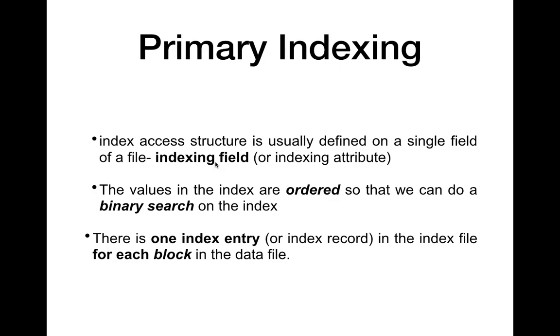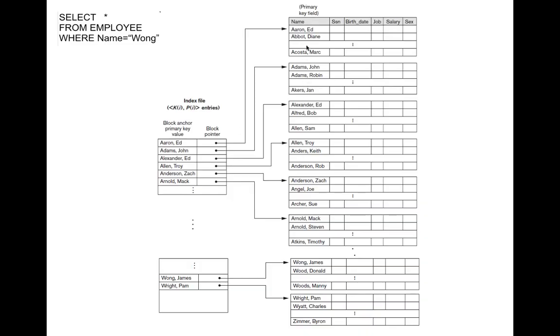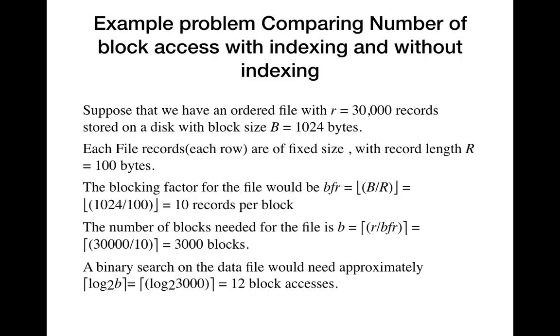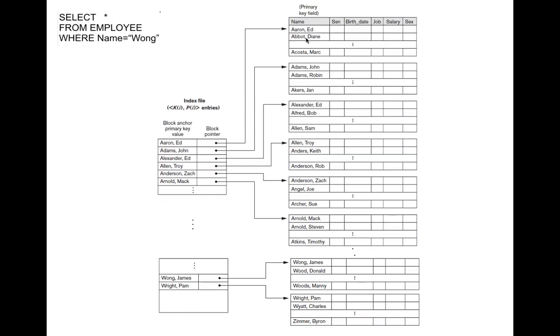The indexing field is this particular field on which the index is built, or the block anchor is included. Now, instead of performing a binary search over all the records, we need to perform a binary search on the index field. And you need to also keep in mind the number of index entries in primary indexing would be equal to the number of blocks, because we have one index entry corresponding to each block.